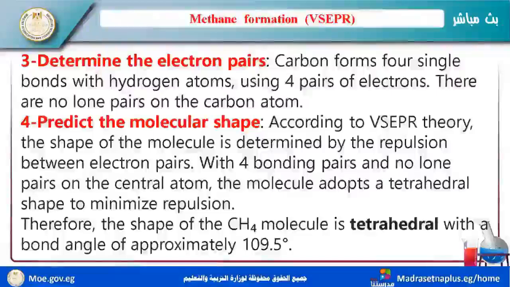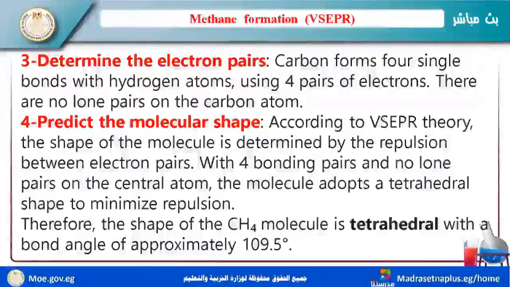Carbon forms 4 single bonds with hydrogen atoms using 4 pairs of electrons. There are no lone pairs on the carbon atom. Predict the molecular shape according to VSEPR theory. The shape of the molecule is determined by the repulsions between the electron pairs, with 4 bonds and no lone pairs.